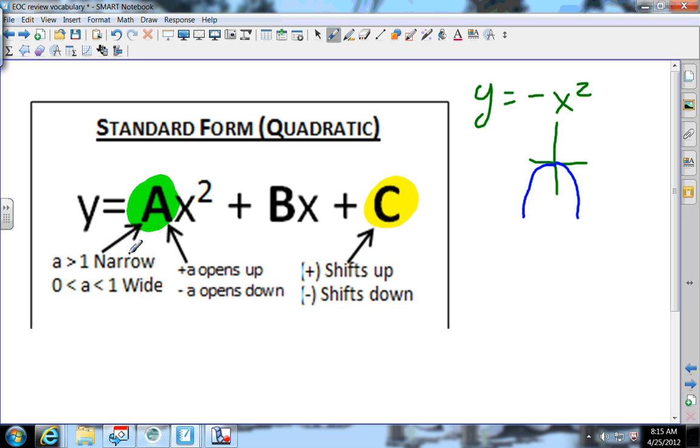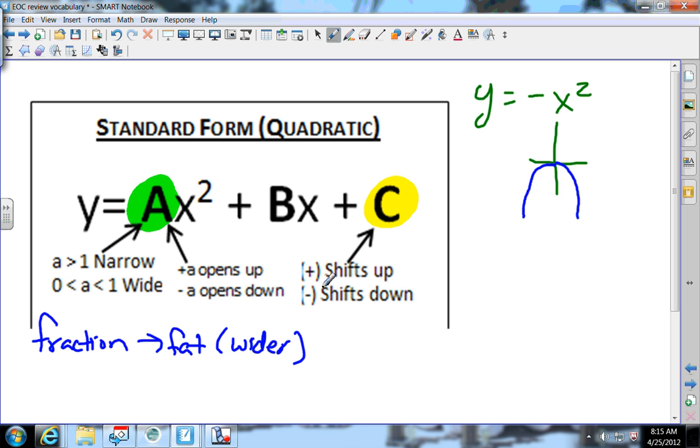If this number was bigger than 1, like 5x squared, it makes it narrower. If it's a fraction, that fraction makes it fat or wider. The larger the number, the skinnier it is.